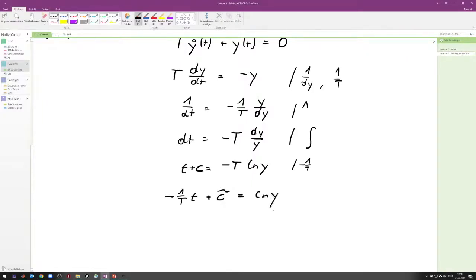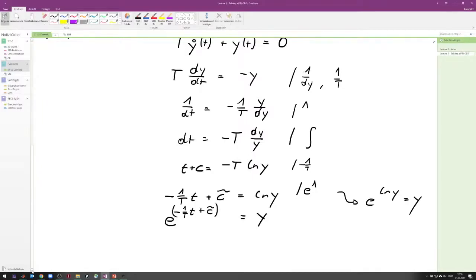So what's the inverse function? If we want to get rid of the logarithmic function, we're going to write the exponential function, right? So if we take the exponent of the logarithm of y, this is equal to y, right? Okay, but on the other side, then we have minus 1 over t plus this constant here.